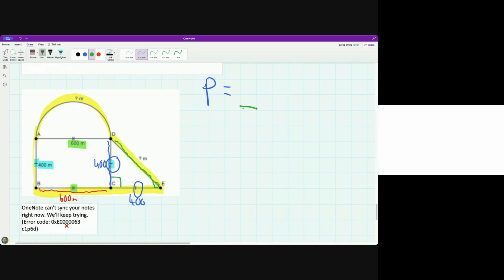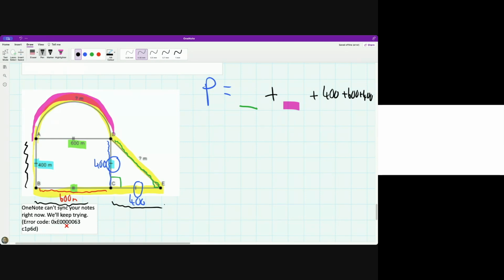So I'm going to say green plus pink plus, what do we got here? 400 plus 600 plus 400. Yeah, I think that would give me the perimeter. Question is, can you work out the missing bits?